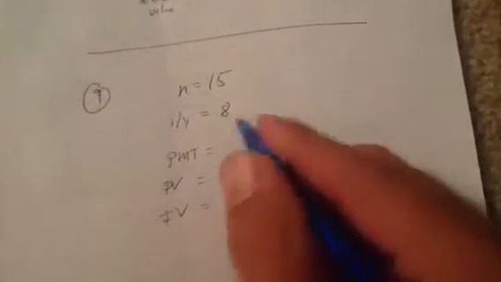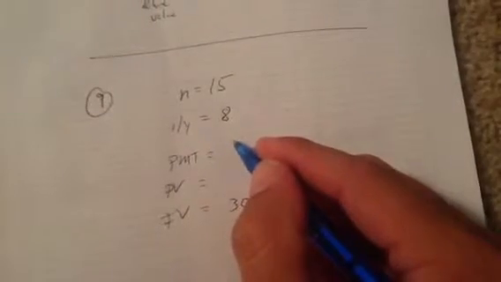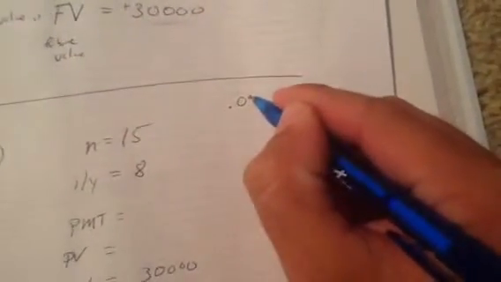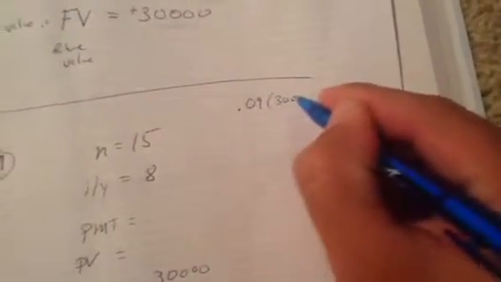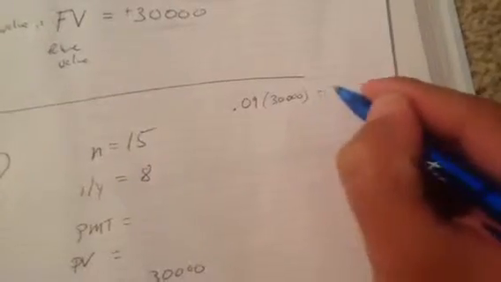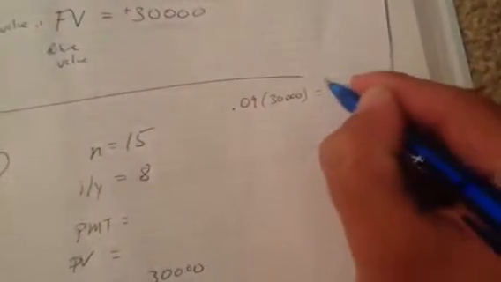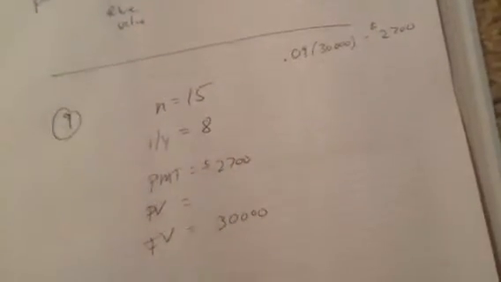We're going to be solving for the PV again. The payment is now, instead of 6% times 30,000 like we did up here, now it's 9% times 30,000. It's now $2,700. So now what's the price?